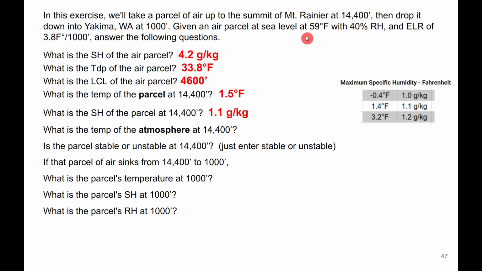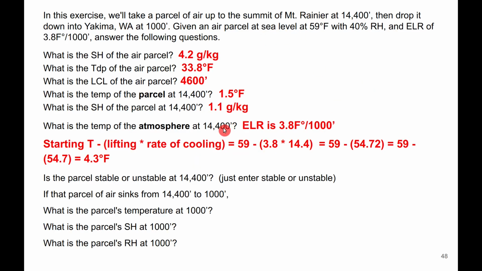The temperature at sea level is 59 degrees, and we're going from sea level up to 14,400 feet. It's going to cool 3.8 degrees for every 1,000 feet. So 3.8 times 14.4 works out to 54.72, which rounds to 54.7.